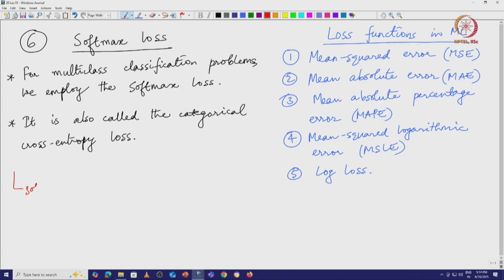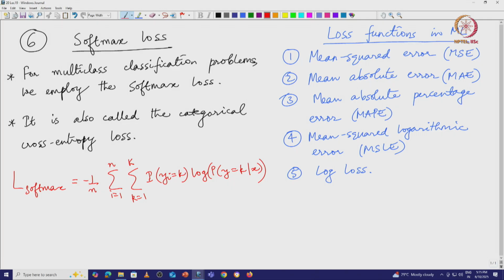So L softmax equals minus 1 over n, sum i going from 1 to n, so sum over all the data points, sum k going from 1 to capital K, so sum over all the classes, an indicator function I of yi equals k, and then log of the probability of y equals k given the feature vector x. So this is how the softmax loss function looks, and I have already introduced this indicator function before.